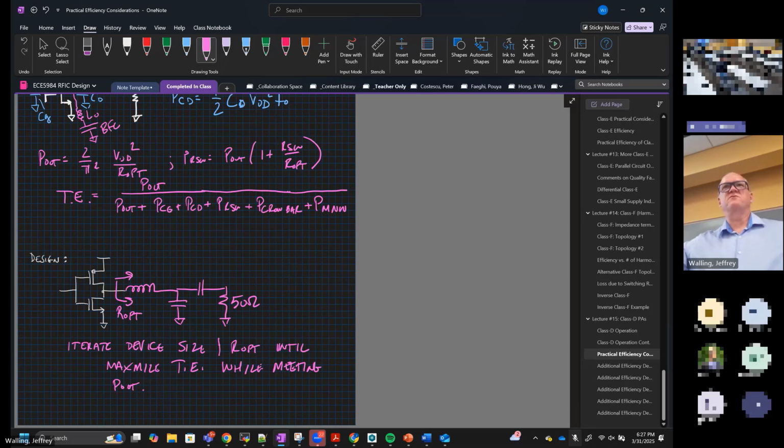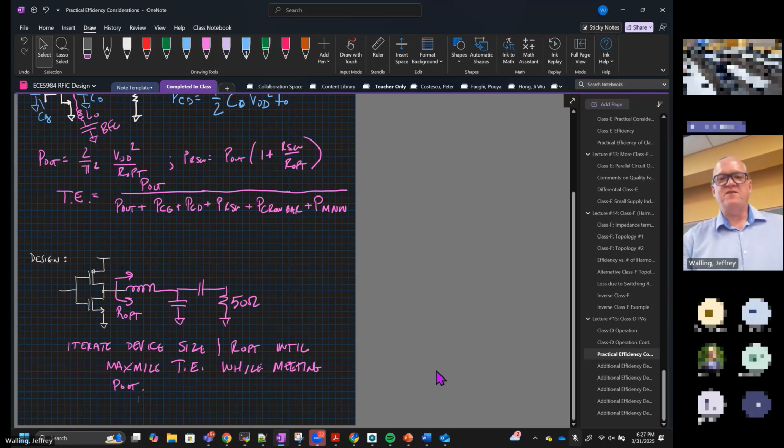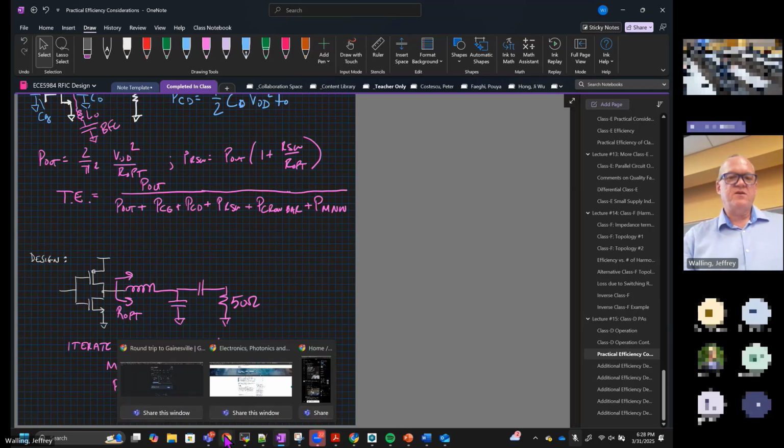Essentially we go through and make a lookup table, where we sweep the device's bias voltages and keep track of its gate capacitance, drain capacitance, and channel resistance. And from that model, we can feed that into our calculations for the Class D amplifier and iterate through and tell you what the size of the device should be to deliver a certain amount of power. We're going to use that a little bit later on when we look at switch capacitor power amplifiers, because then we can even make some other inferences, but we'll get to that in a bit.